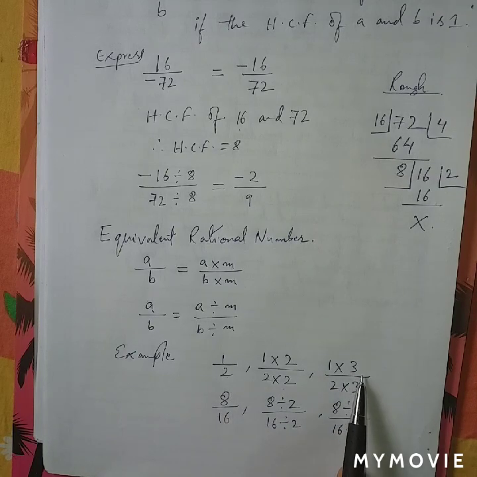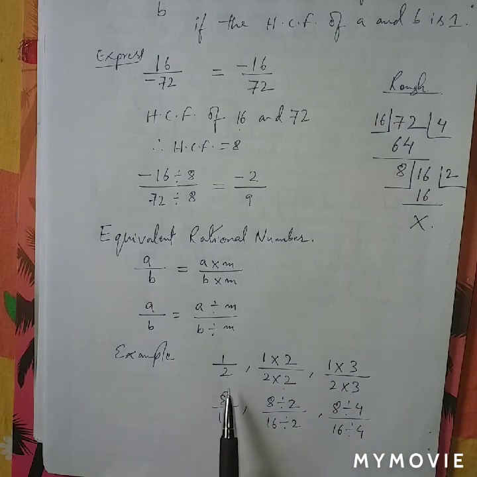Similarly, if we multiply by the same number 3 in the numerator and 3 in the denominator, the value will not change. Now another example, 8 by 16. Here we are dividing the numerator and denominator by the same number, and the value will not change. Here also we are dividing the numerator and denominator by the same number, that is 4, and the value remains the same. So this is what equivalent rational numbers are.